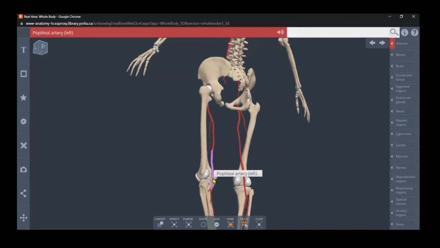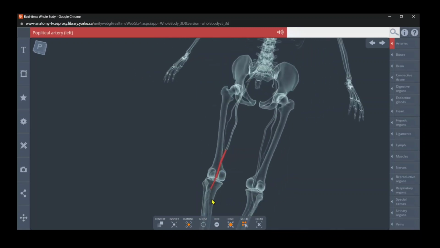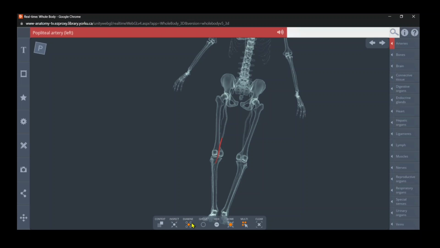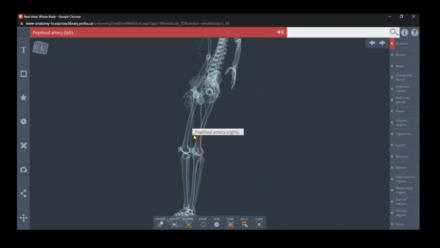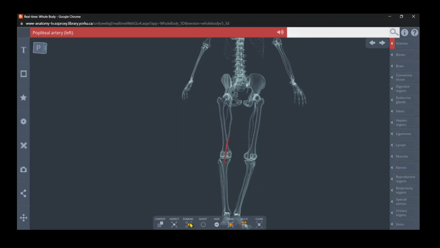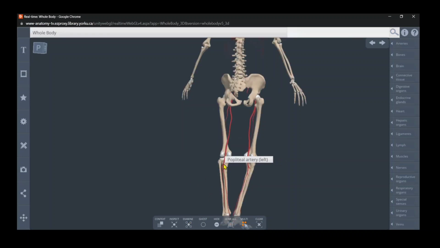There we go. You can see it on its own view right here. And the popliteal artery is posterior. So the femoral artery comes in anterior, switches posterior because the popliteal muscle is back here, so it goes to the popliteal artery.